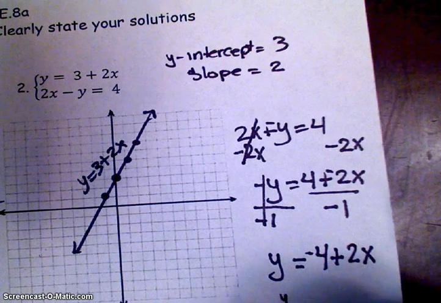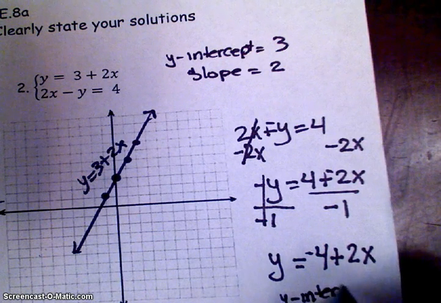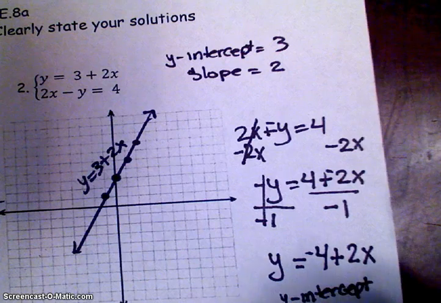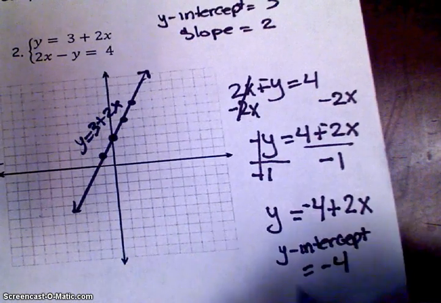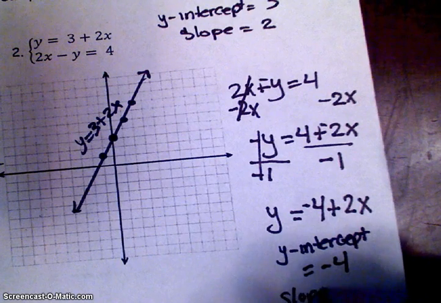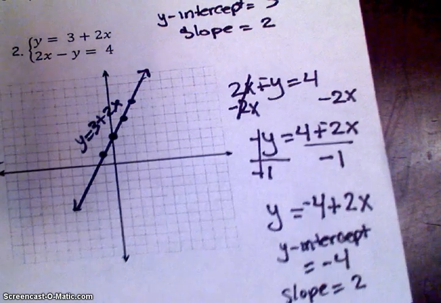My y-intercept is equal to negative 4. My slope is equal to positive 2.